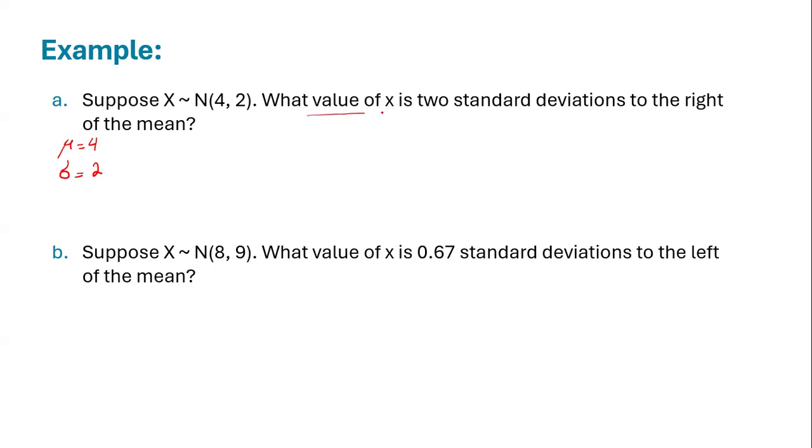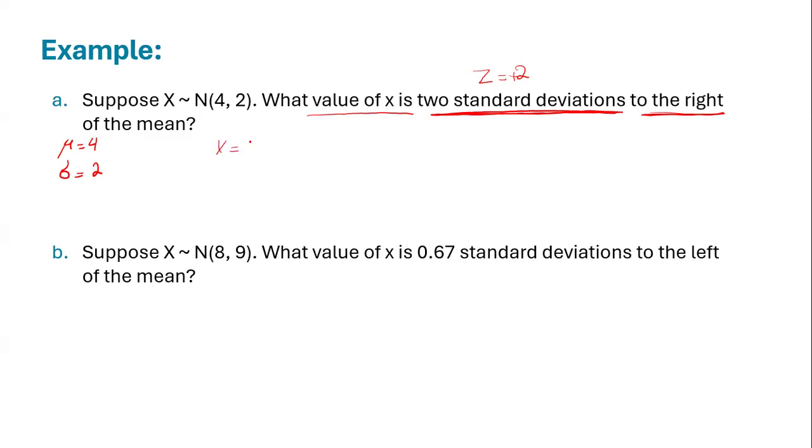Find the x. The number of standard deviations is the z value. When it says 2 standard deviations, that means z is 2. And when it says to the right, that means z is positive. So you're trying to find the x when z is positive 2.